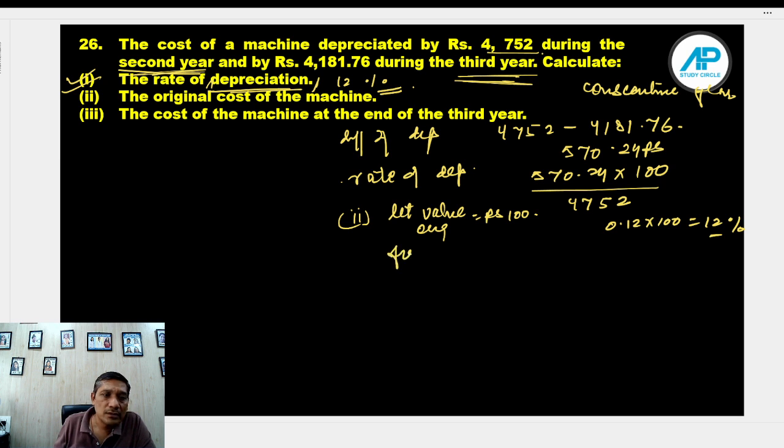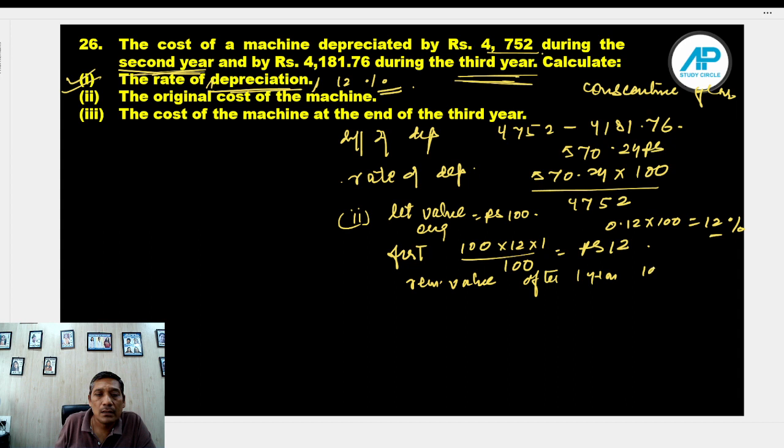So for the first year, 100 into 12 into 1 upon 100, you get rupees 12 as the depreciation. The remaining value after 1 year is 100 minus 12, equals 88. Depreciation during the second year: 88 into 12 into 1 upon 100.